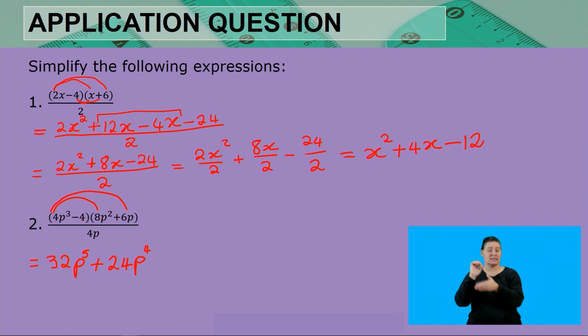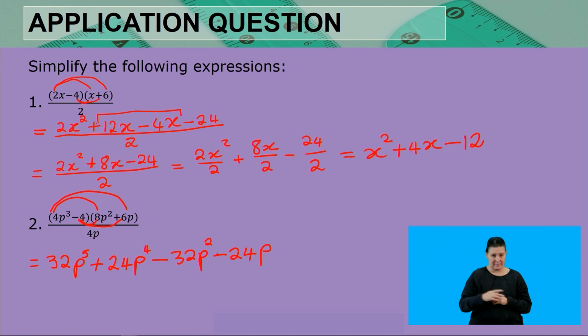Then we are going to subtract the 4 multiplied by the 8p squared. That is going to be 32p squared, because the 4 doesn't have any variables, so we're going to take the variables from 8p squared as they are. Then we are still subtracting the 4 with the 6, and that is going to be a 24p.